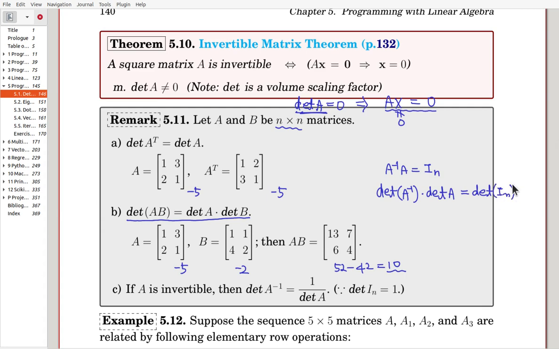Earlier, we solved an example saying that for triangular matrices, the determinant is the product of entries on the main diagonal.